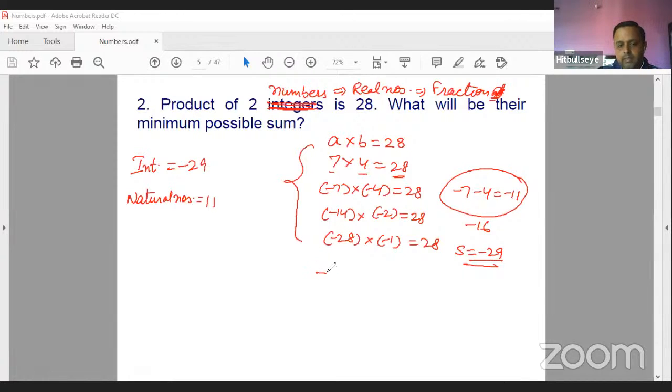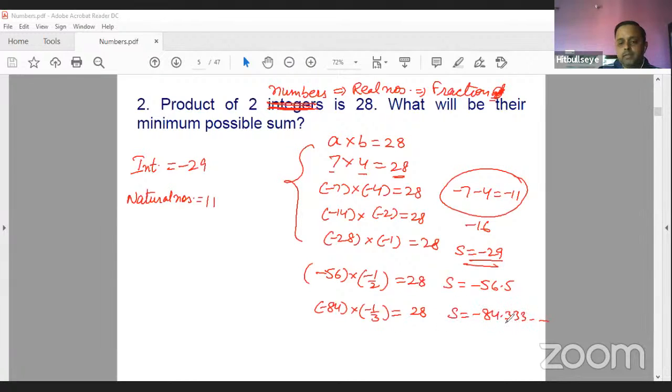So in this case, -56 multiplied by -1/2 again will give you 28 as a product, and sum in this case now becomes -56.5. Or you can also say that -84 multiplied by -1/3 again gives you 28, but sum in this case would be -84.33, and so on.